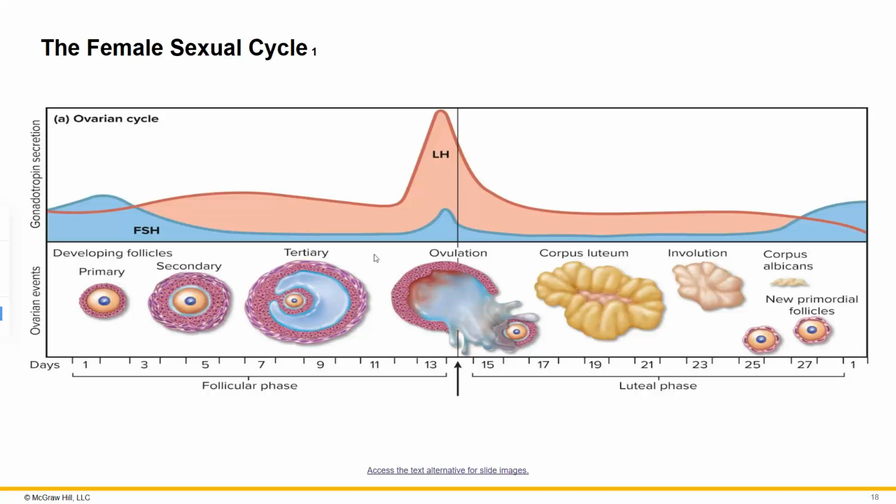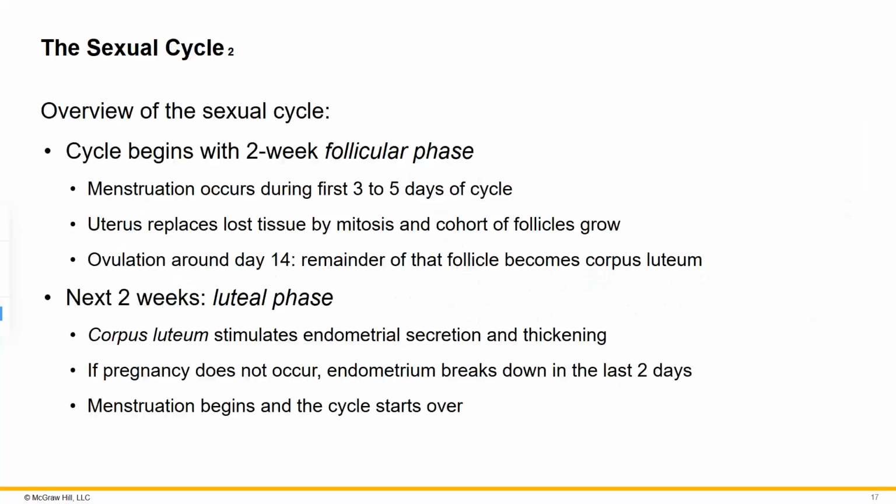If sperm is already in the vagina, that means that the sperm cells are further developing, and they can actually be stored in the corners of the vagina called the fornix, and they can then be ready for that fertilization event. They can already be beginning their journey up into the uterus at that time. Now, we talked about previously that what happens is we start to accumulate during the luteal phase endometrial secretion and thickening.